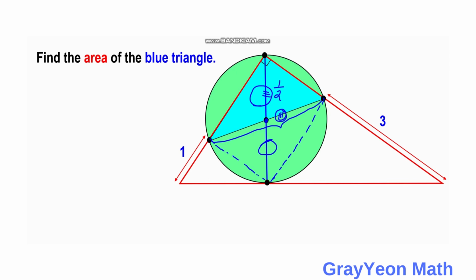Let's say that the area of the rectangle is A, then this is A over 2, and this is A over 2. Okay, so since this blue line that we have drawn is perpendicular with this by Thales theorem.